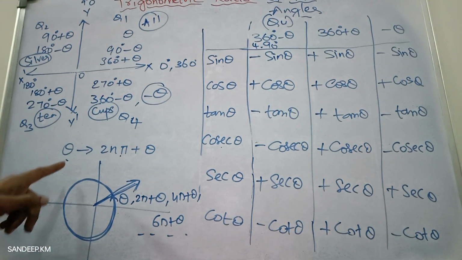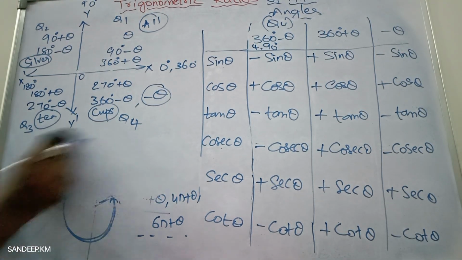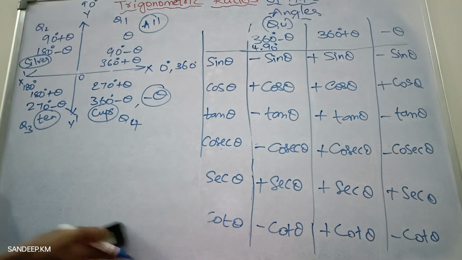So since theta and 2n pi plus theta are coterminal angles, what about trigonometric ratios of coterminal angles?